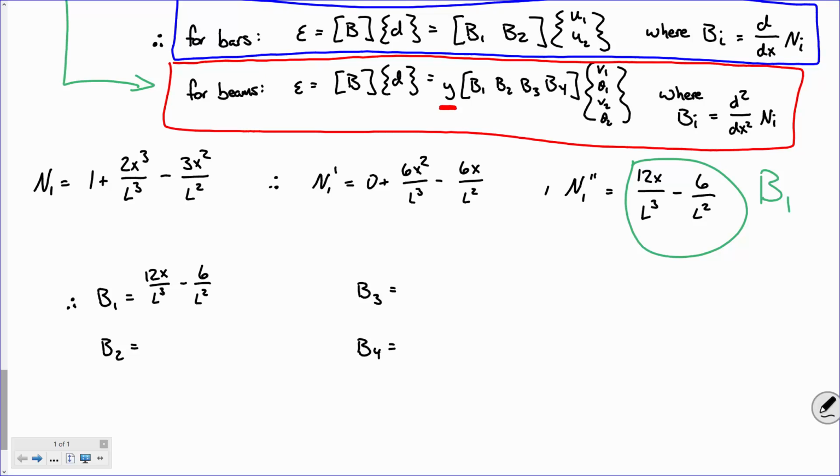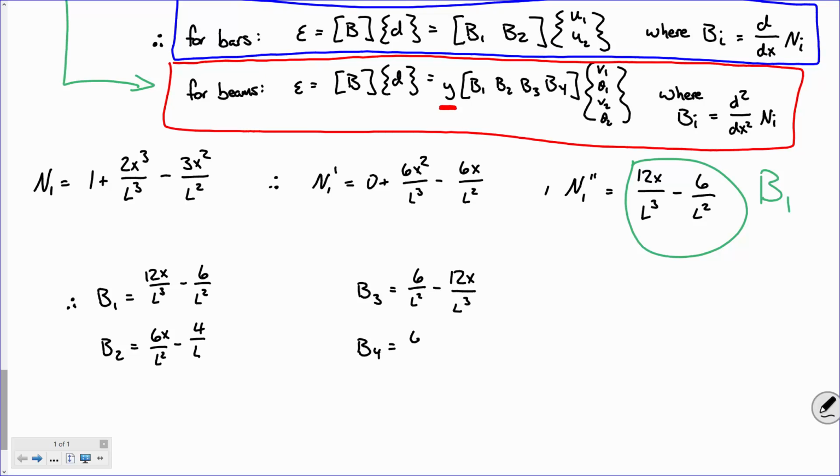This one ends up being 6x over L squared minus 4 over L. Next one, 6 over L squared minus 12x over L cubed.